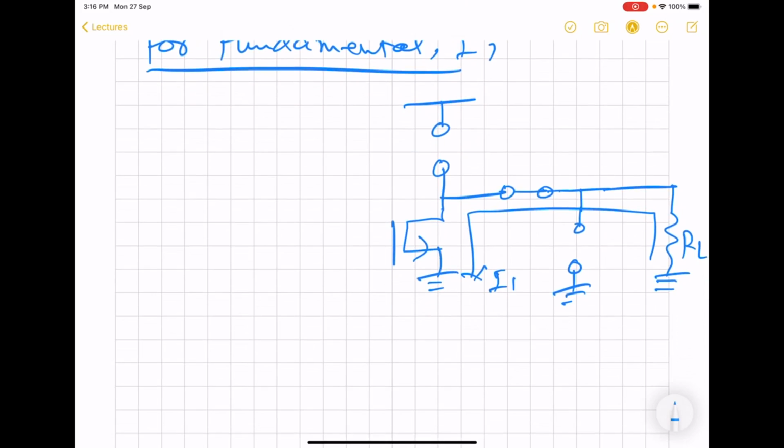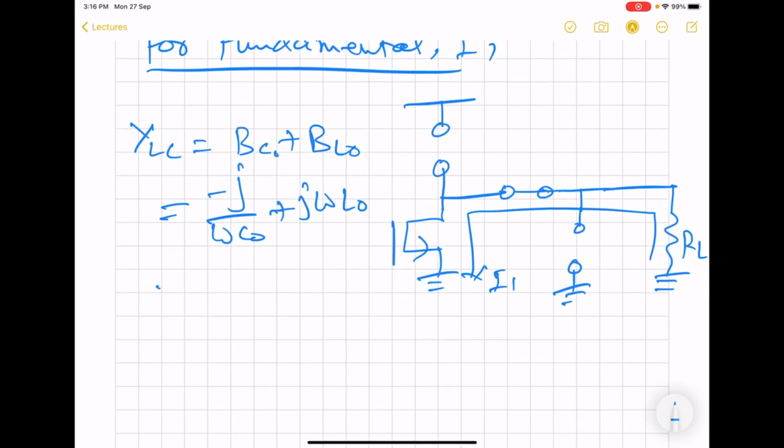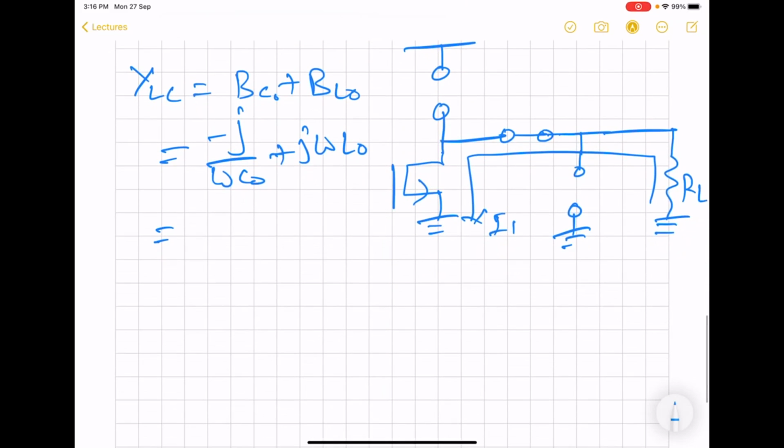Why? Because if you find out the admittance of this LC, this will be susceptance of C naught plus susceptance of L naught, and this is going to be 0 at the frequency of operation.